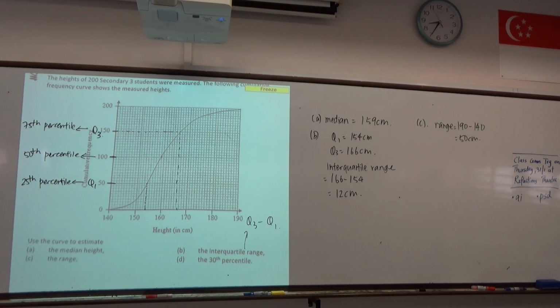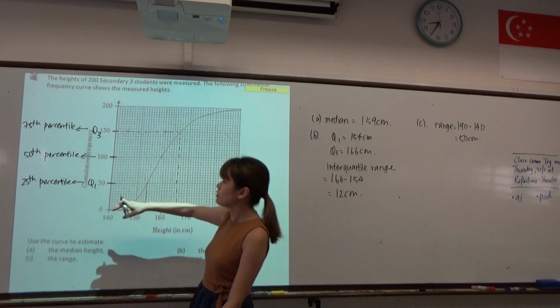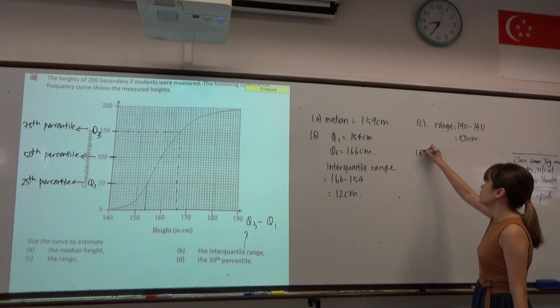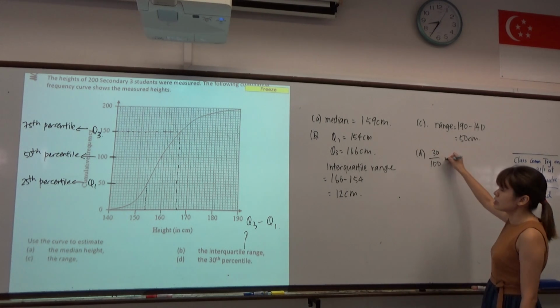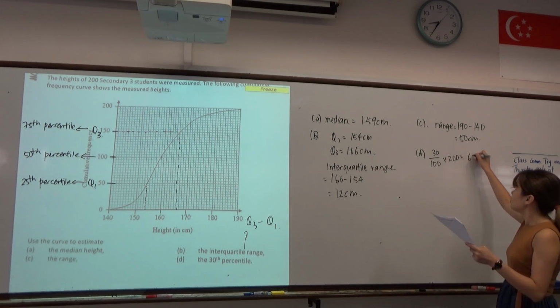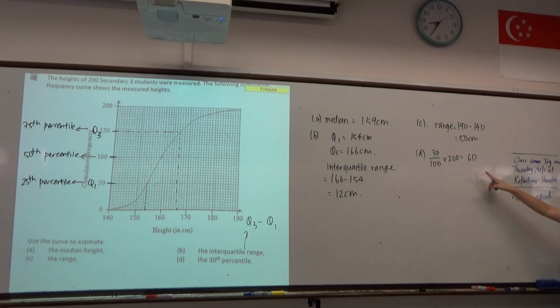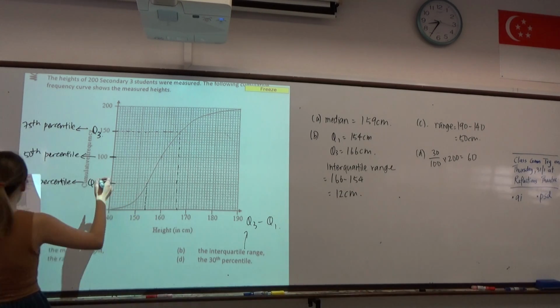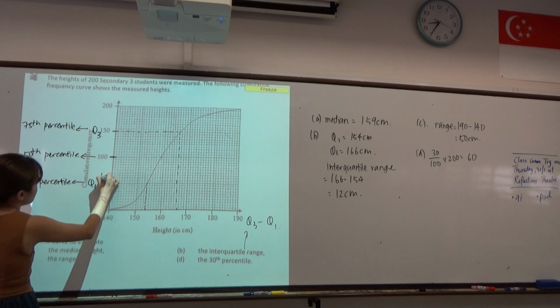So part D, we want to find the 30th percentile. Out of these 200 students, we want to find where the 30th percentile actually is first. So 30 over 100 times 200 students, we will find that it is the 60th person that will be the 30th percentile. So we locate where 60 is, that will be here.